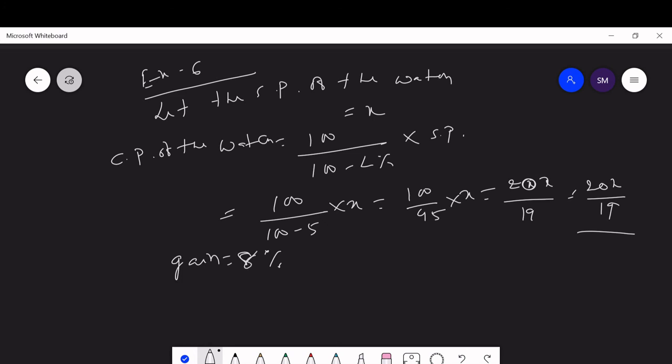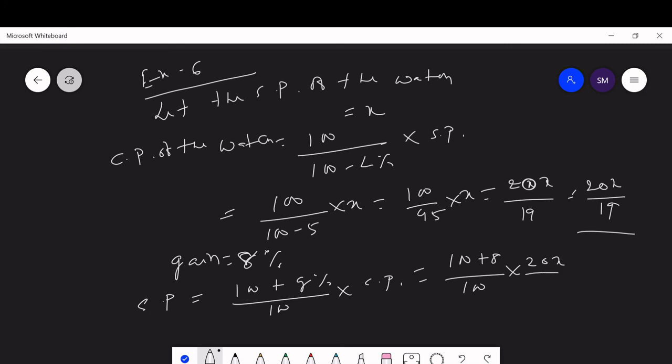Gain percent is 8%. Then SP is equal to 100 plus gain percent upon 100 into CP, which is equal to 100 plus 8 upon 100 into 20x upon 19.